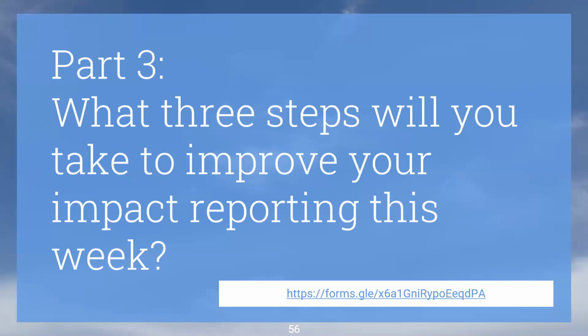So part 3 of our presentation wants to brainstorm around the 3 steps that you will take to improve your impact reporting this week. This is the 3rd segment of the same Google form. To avoid any complexity in creating more forms, we have created one Google form which has 3 sections, and that addresses the 3 parts of this presentation.